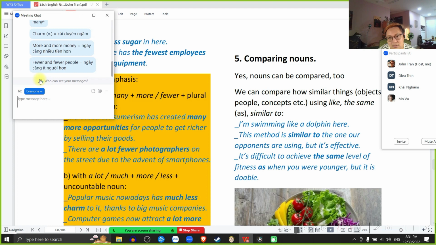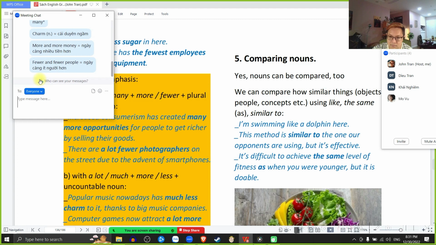Using like, the same as, similar to. I'm swimming like a dolphin here. This method is similar to the one our opponents are using, but it's effective.